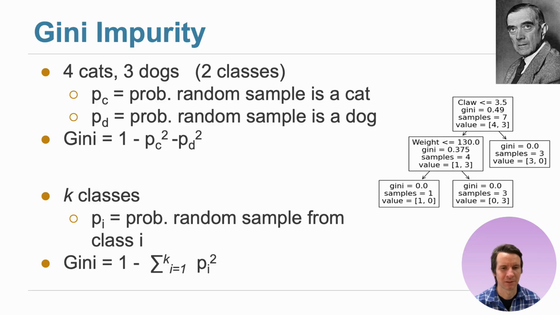So 1 minus PC squared minus PD squared is the Gini impurity. If you have k classes, then it is 1 minus the sum over all pi squared, where pi is the probability that a random sample is coming from class i.